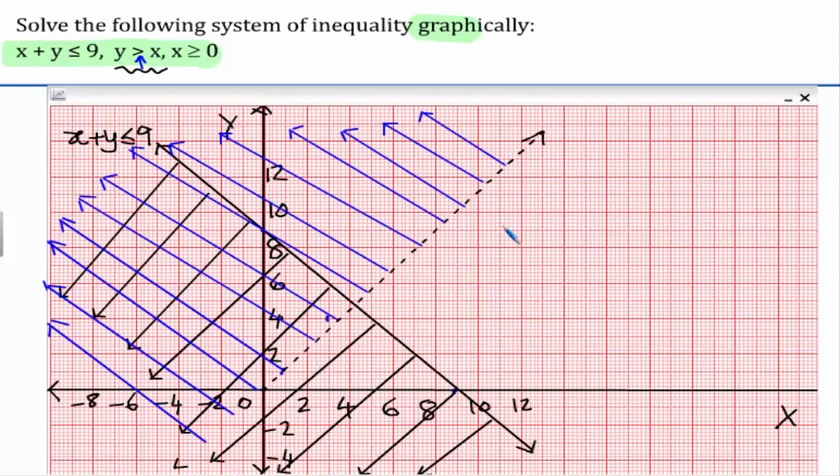Now here the blue lines represent the inequality y greater than x. And the third one is x greater than or equal to 0. That means only the positive x-axis. So directly you can take the solution, which is this, where all the 3 lines will be there, because the third lines, where we say that x is greater than or equal to 0, will be towards this.